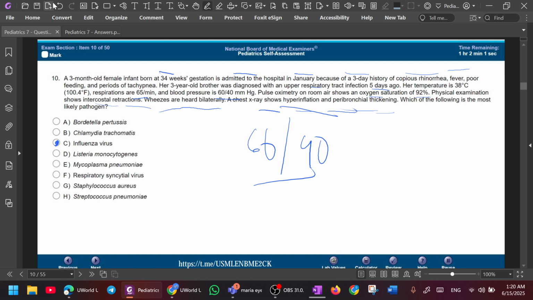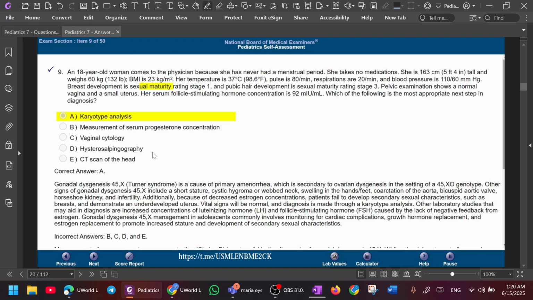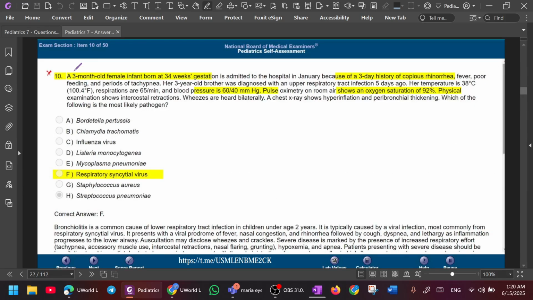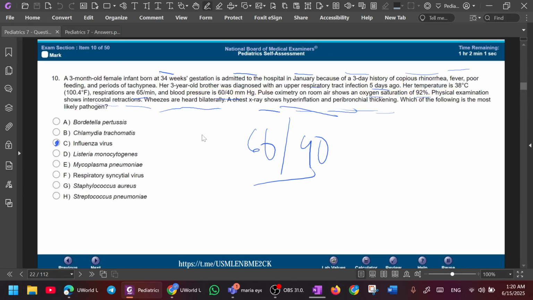Peribronchial thickening, probably not strep pneumo. Her brother is 3 years old. Maybe influenza, I don't know. Ready? Yes. January doesn't fall on the influenza season. So it's RSV. Bronchiolitis.